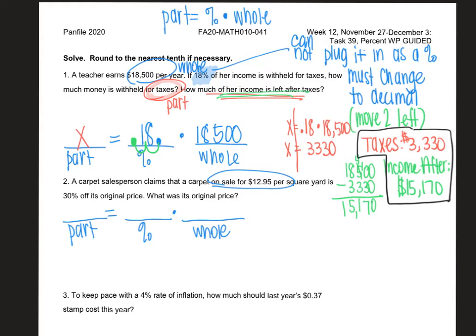If we're looking at this $12.95, which is our part, by the way, we said we knew that, it's not our whole amount. $12.95 does not represent the 30% off. It represents the 70% that we're paying for. So in our percentage spot here, we need to have that match. So here we're not going to put 0.30, we're going to put 0.70.